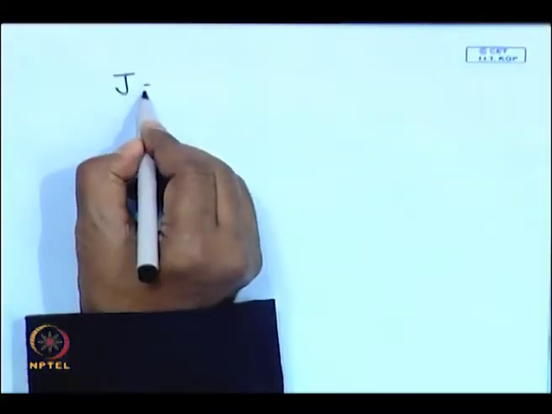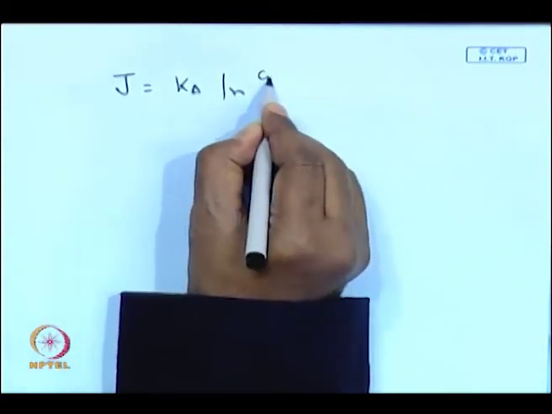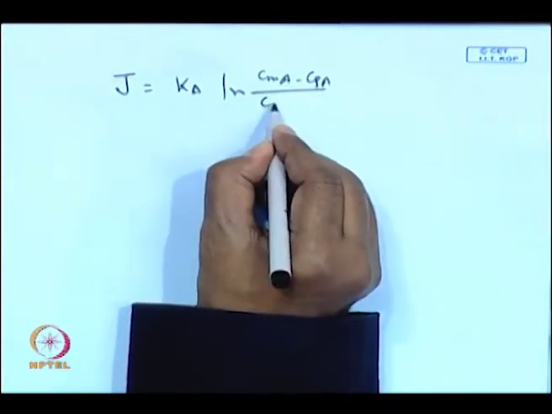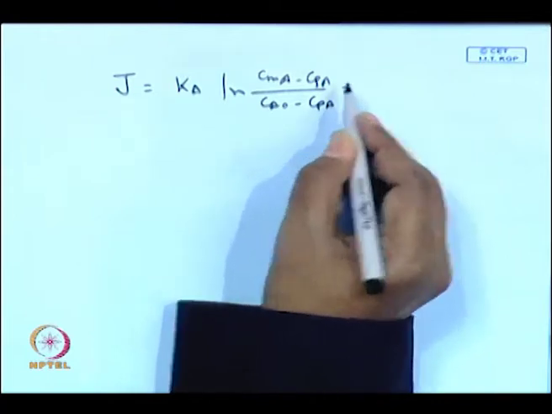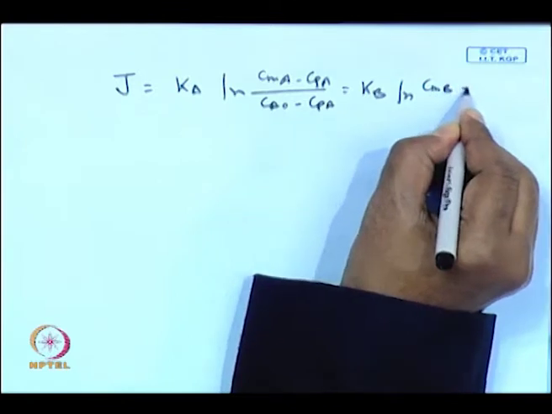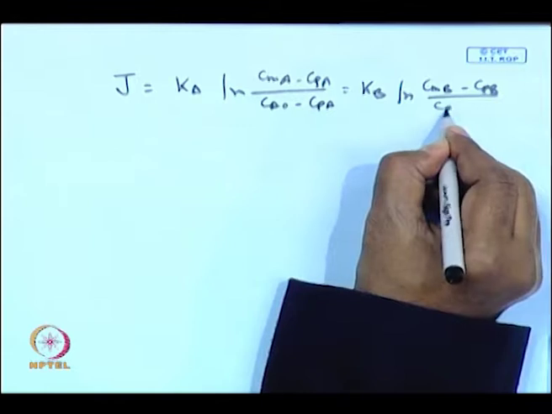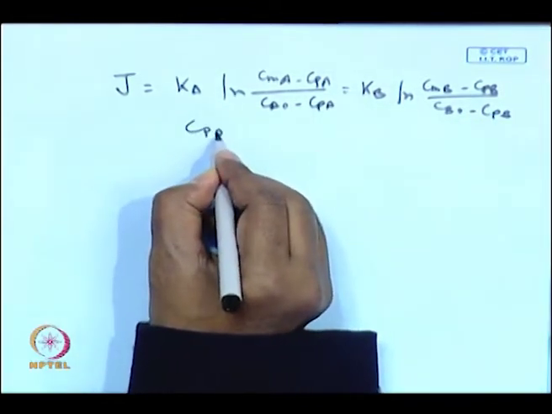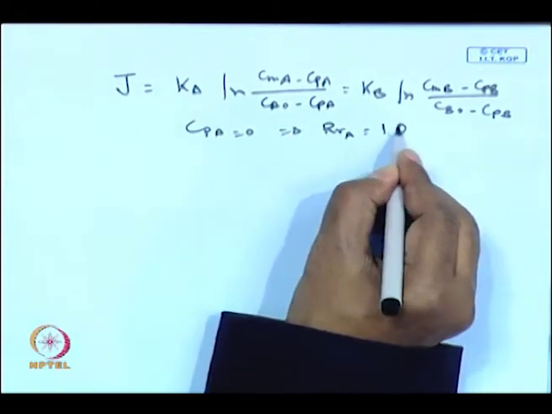So, we write one equation: J is equal to K_A ln[(C_MA − C_PA)/(C_A0 − C_PA)], which is equal to K_B ln[(C_MB − C_PB)/(C_B0 − C_PB)], and we have C_PA equal to 0 because real retention of A is equal to 1.